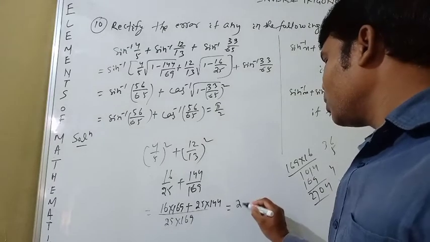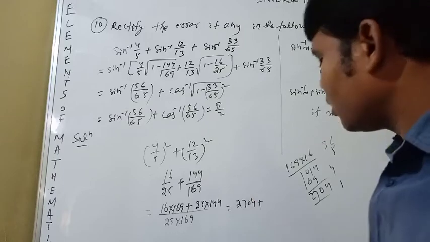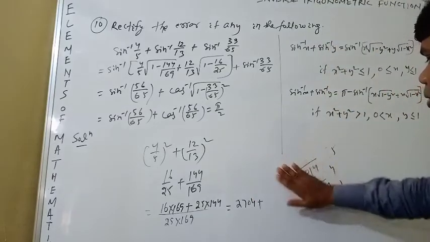So this is equal to 2704 plus 25 into 144.